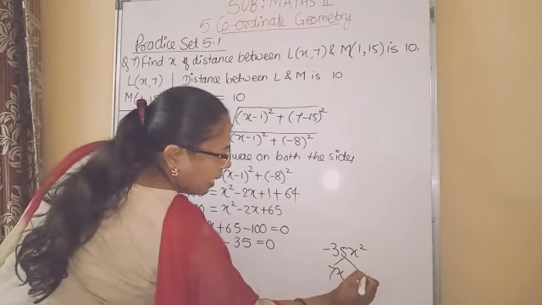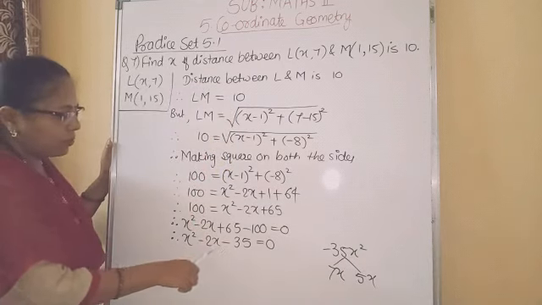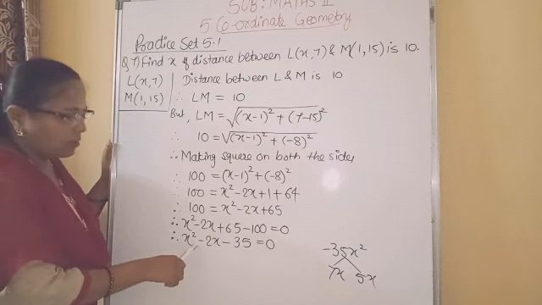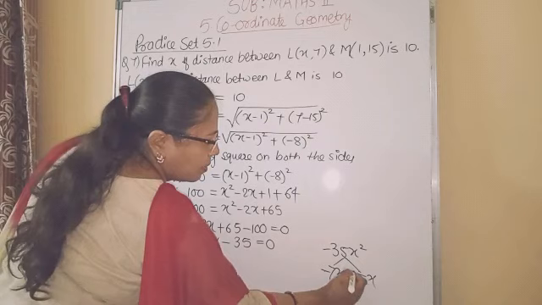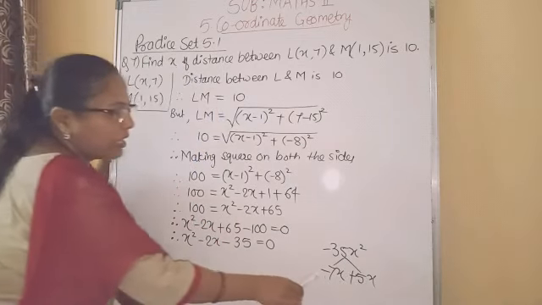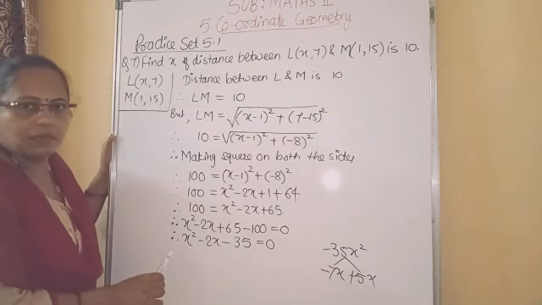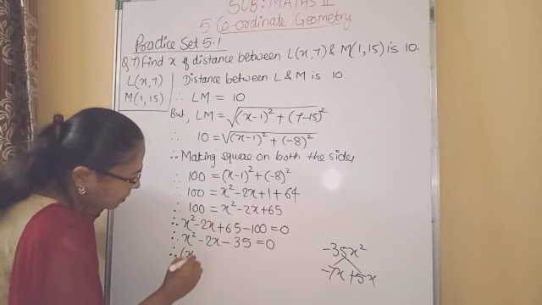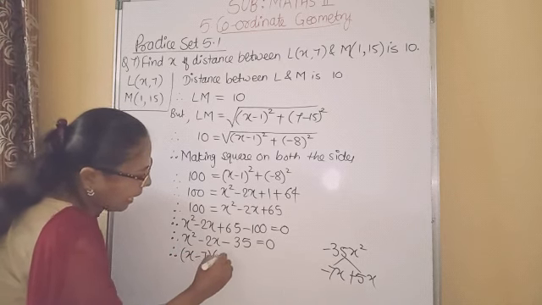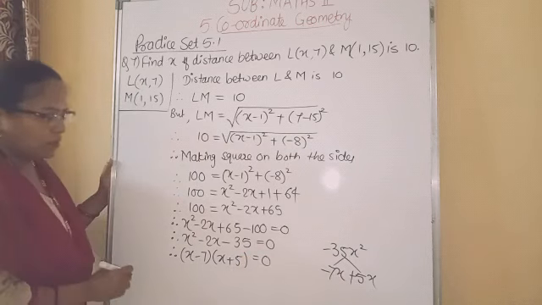So 7x and 5x. Now this sign we have to give to C. The middle term sign is minus, so we have to give it to the greater number, and this one is plus. So here we will get minus 7x and plus 5x as factors. Okay. So we can directly write the factors, x minus 7 and x plus 5 is equal to 0.